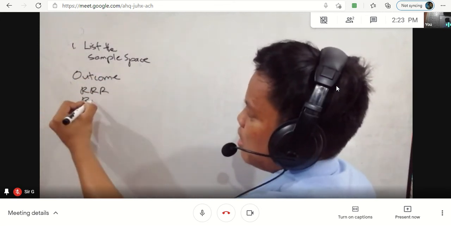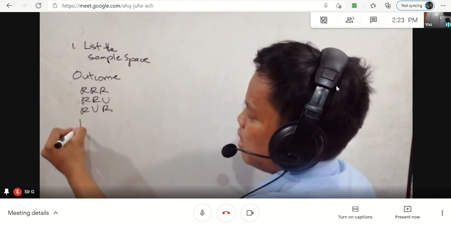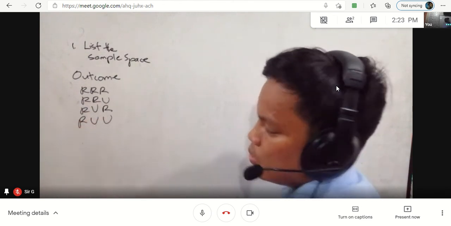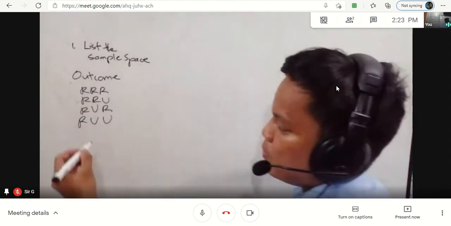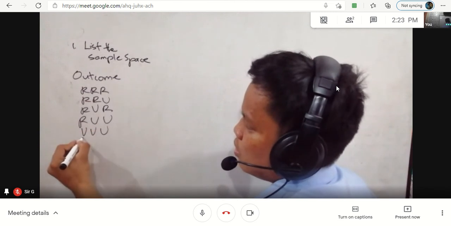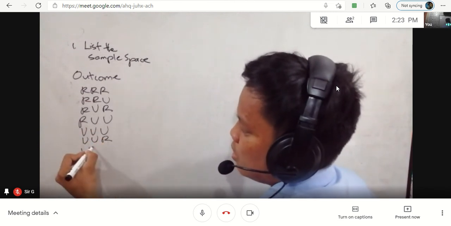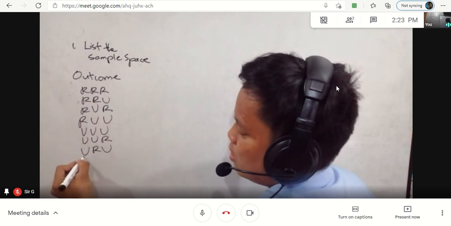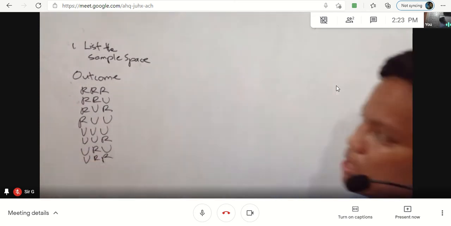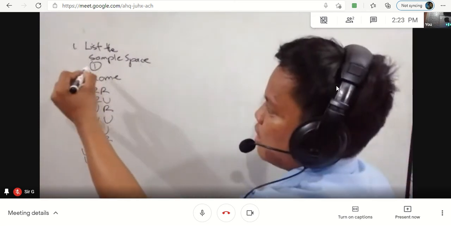RRR, RRU, RUR, then RUU. Tama po ba? And also sample space pa, we have UUU, UUR, URU, and URR. Ito po yung mga sample spaces or outcome. So ito yung pinakaunang table na gagawin natin.